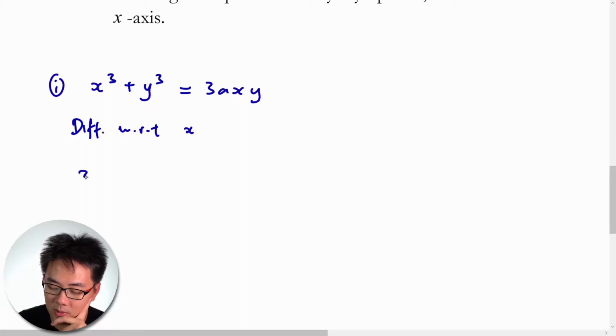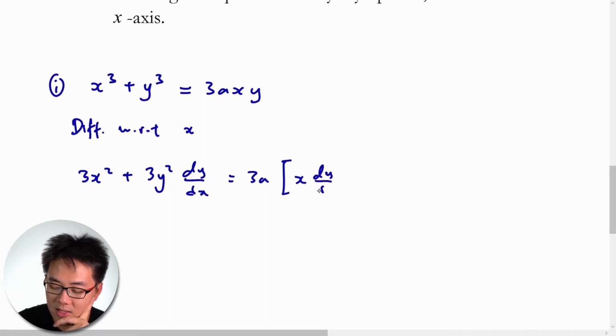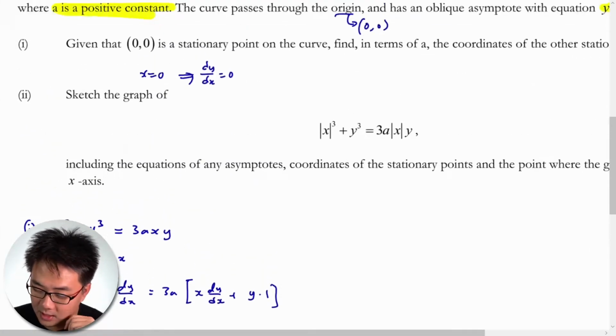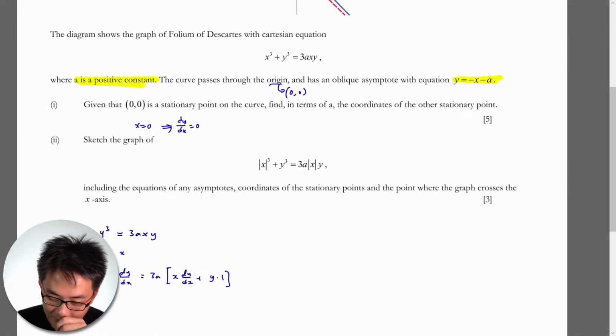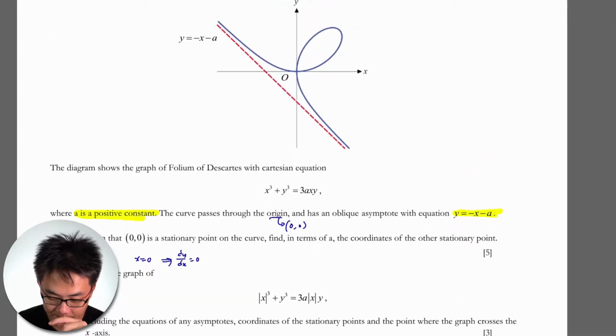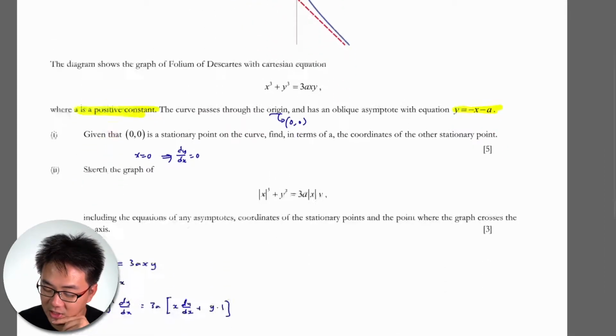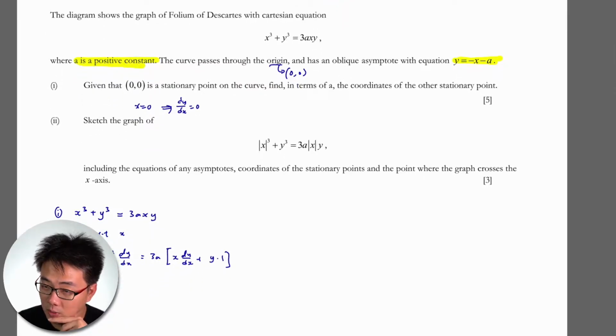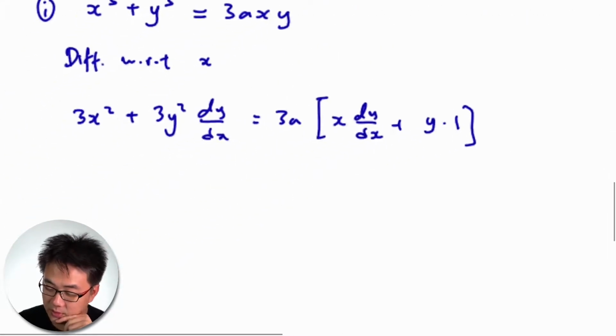This will be 3x squared plus 3y squared dy/dx, then 3a is a constant, so I leave it out, times x dy/dx plus y times 1. Then hope for the best, because we are asked for the coordinates of the other stationary point. So what we're going to do is substitute.